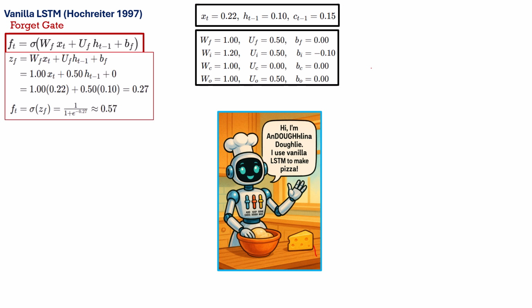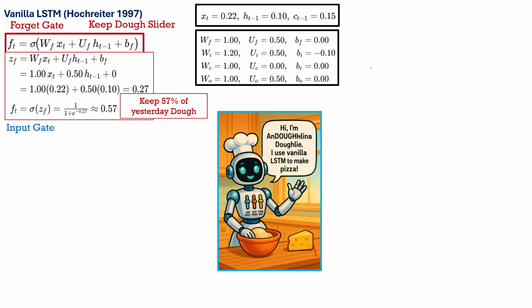For example, using the formula, the weight is 1, the weight related to yesterday's ready-to-bake pizza is 50%, and the intercept is 0, to make things easier. After we calculate, Andolina Dolly decides to use only 57% of yesterday's ready-to-bake dough. So keep only 57%.